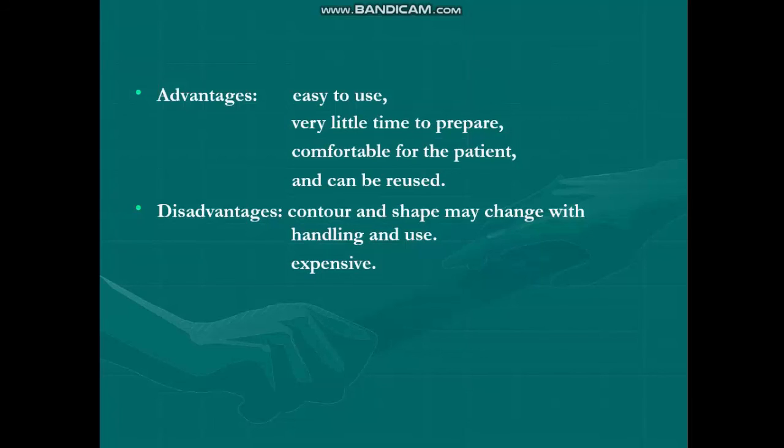Advantages of them are that they are easy to use, take very little time to prepare, are comfortable for the patient, and can be reused. Disadvantages are that contour and shape may change with handling and use, and they are expensive.